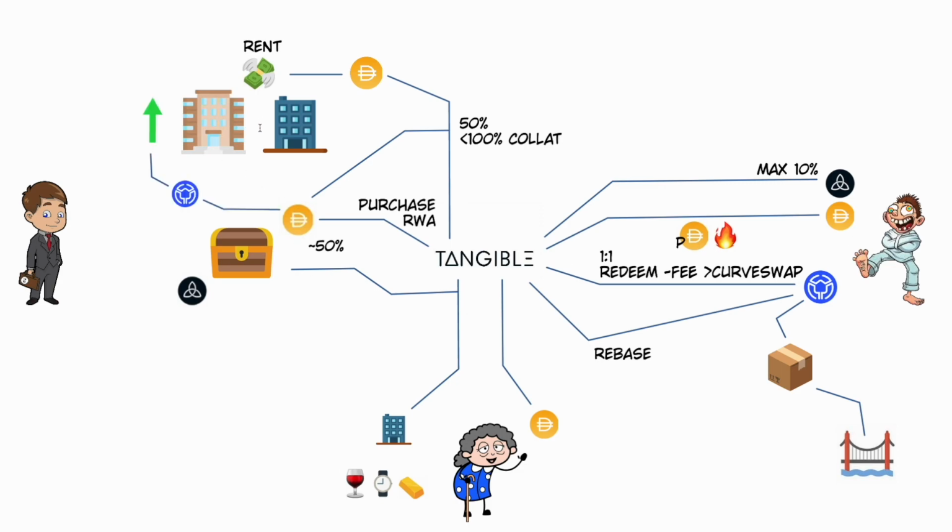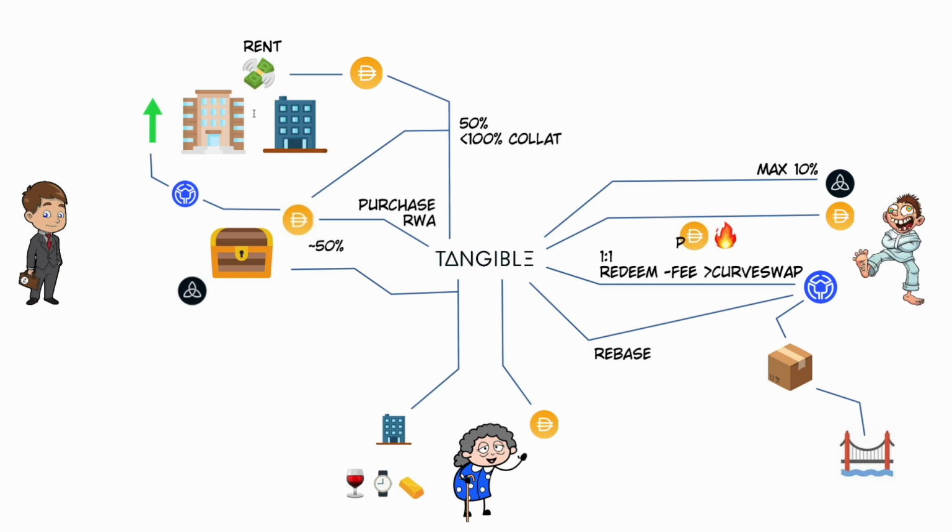Now, these assets are actual assets. They're properties, they're buildings, and buildings tend to go up in value sometimes. So in the case where the value of those assets goes up, then that value is collateralizing more USDR.